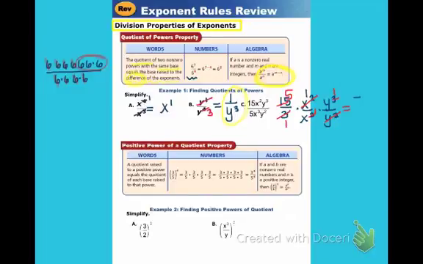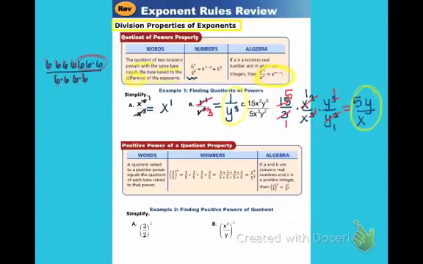And so that left me with 5 times 1 times y to the first, which is 5y. And on the bottom I have 1 times x to the first times 1. That's really just an x to the first, or an x. And so my final result of dividing 15x squared y cubed by 5x cubed y squared is simply 5y over x.